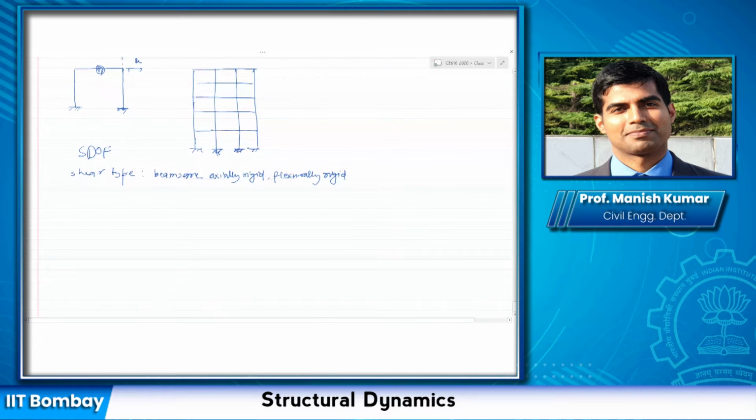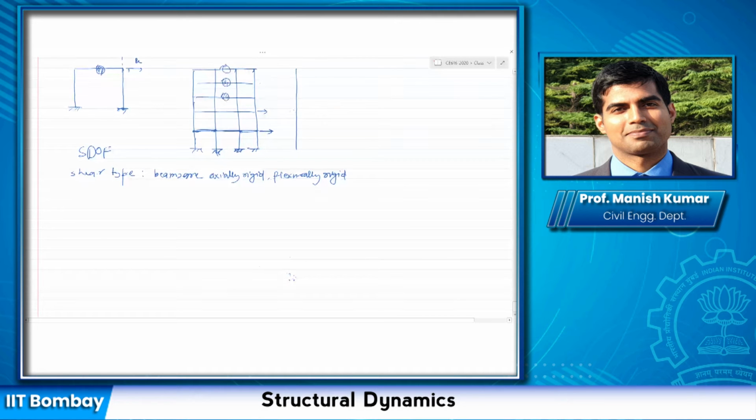Similarly, at the second level, all degrees of freedom can be represented using a single degree of freedom, and so on. So the deformation in a shear type building looks something like this. If this is the initial position, and let us say we lumped all the floor masses here at the center, the deflected shape would look something like this.